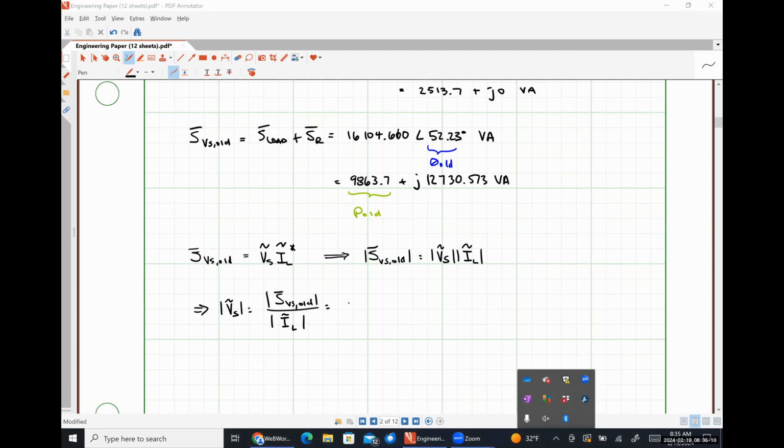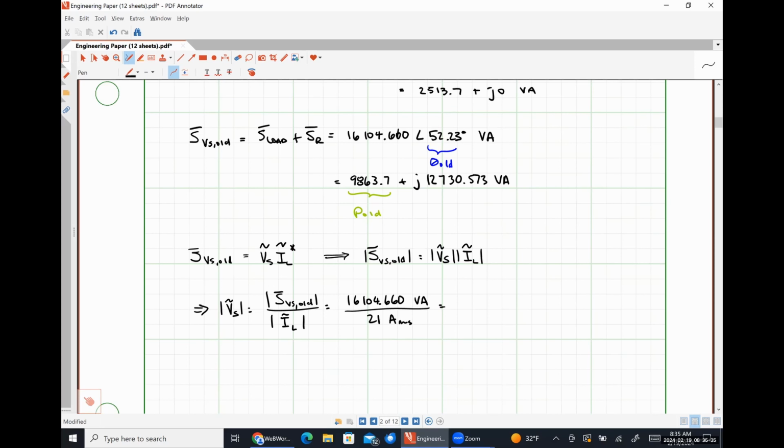It is indeed. So 16,104.660 volt amperes divided by 21 amps RMS. So let's see.